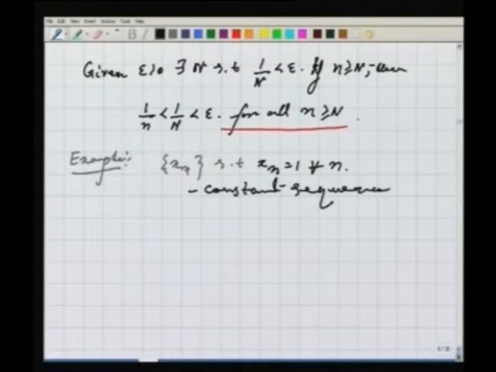Intuitively we feel that this sequence converges to the number 1, because all the numbers are 1. So, what is the real number it should be close to? It should be 1. And let us check from the definition of convergence whether we can verify that 1 is really the limit of the sequence.